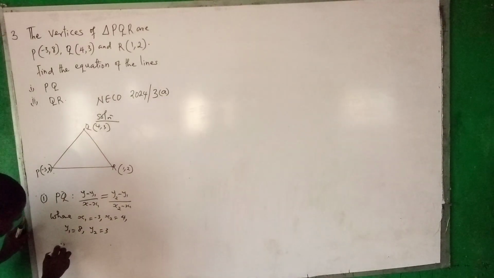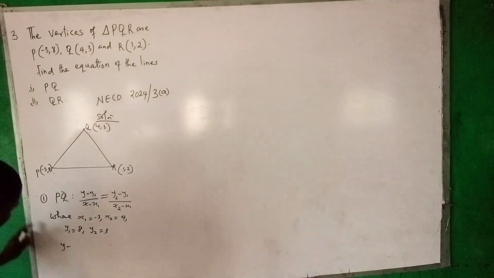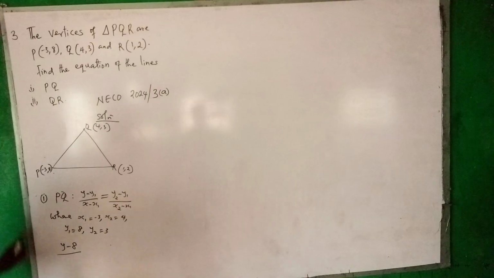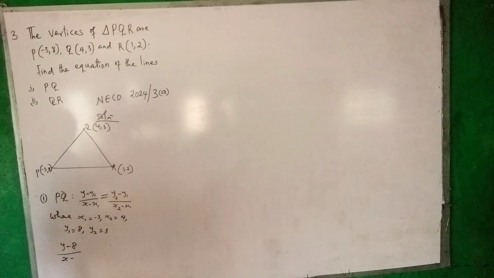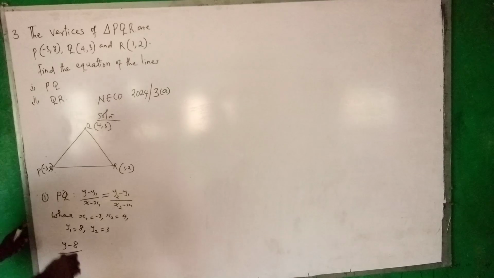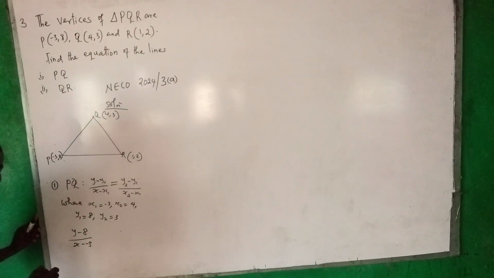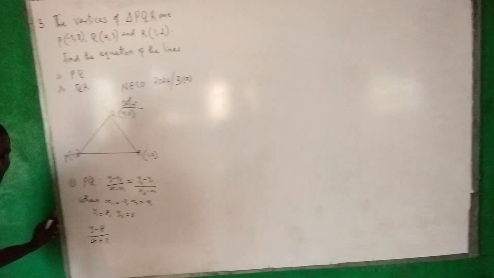So y minus our y1, which is 8, all over x minus x1, which is -3. Understood now? And minus times minus is plus, so let me just write plus.